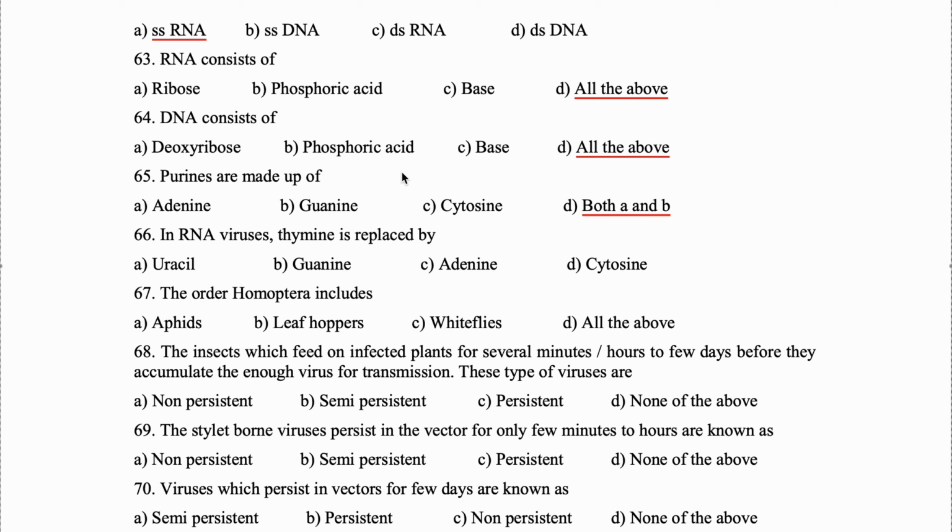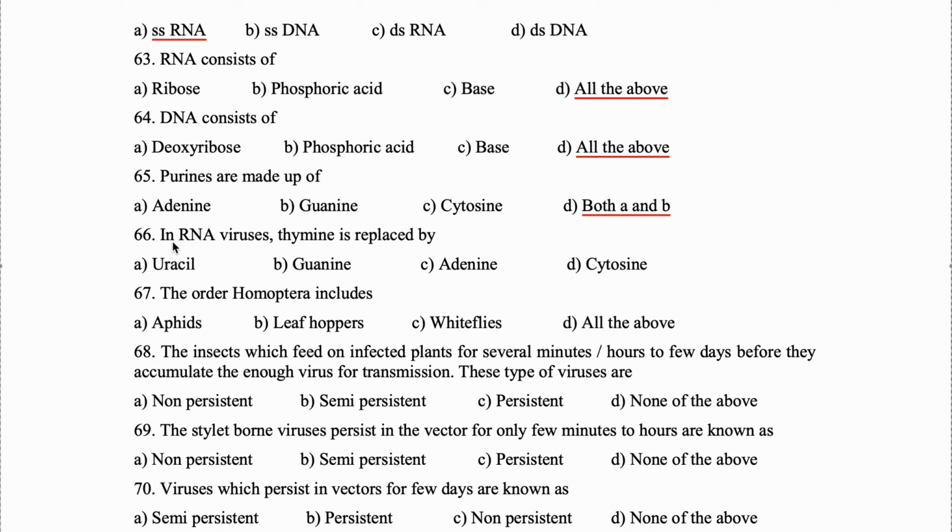Adenine, thymine, guanine and cytosine, correct? So purines are made up of adenine and guanine, means A and G. So pyrimidines will be made up of thymine and cytosine. Okay, so one more question can be made of this.